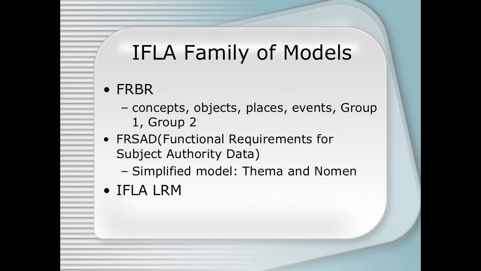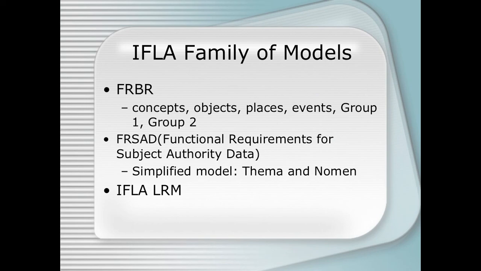However, just as we mentioned last week that there is a separate sister model for authority data called FRAD, there was also, in the realm of subjects, a separate report published in 2010 called Functional Requirements for Subject Authority Data, sometimes pronounced as an acronym as FRSAD, which is unfortunate, but that's the sister model for subjects.